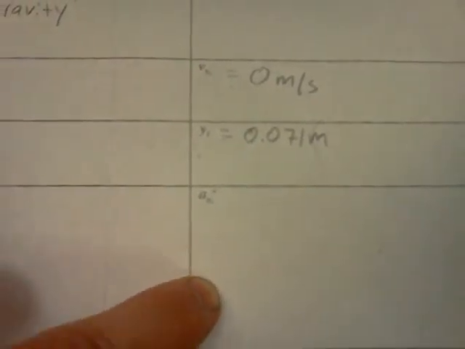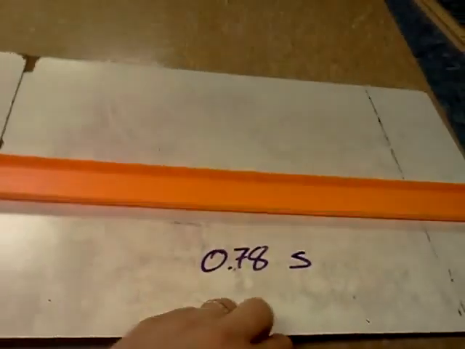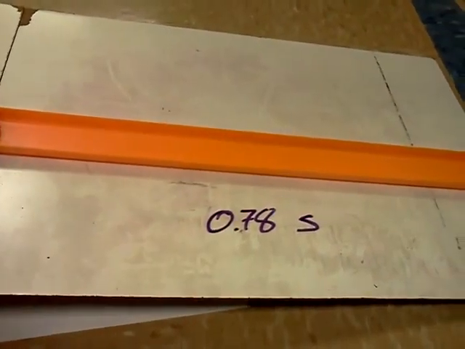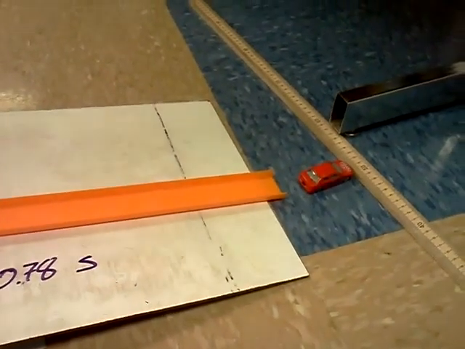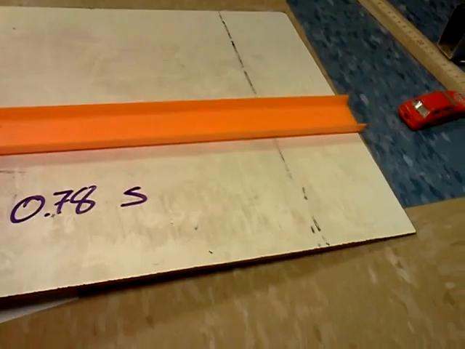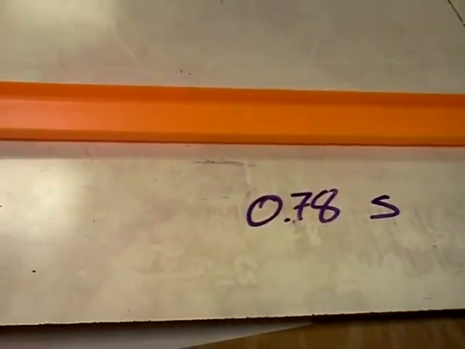To do that, all we have to do is measure the time it takes for the car to go from the top of your ramp to the bottom. I took several measurements and took the average, and my average was 0.78 seconds.